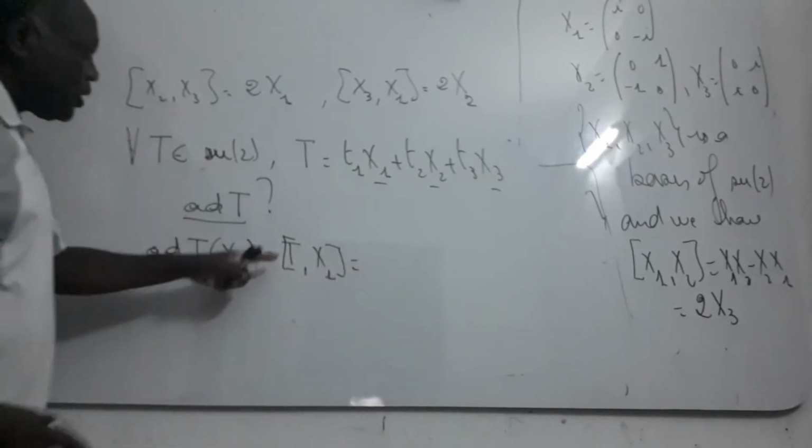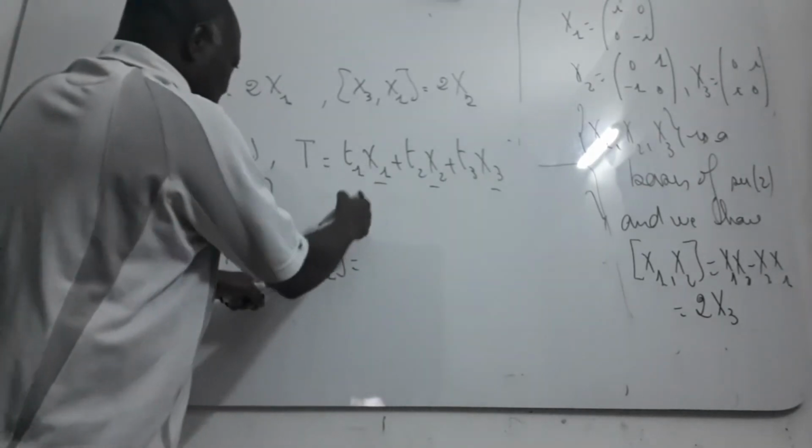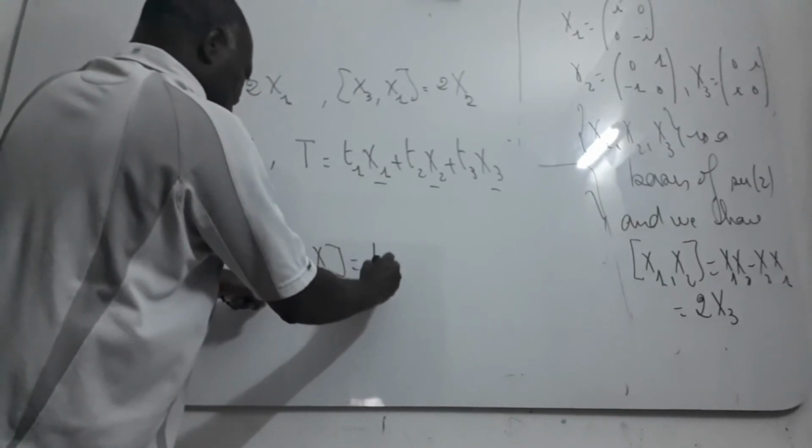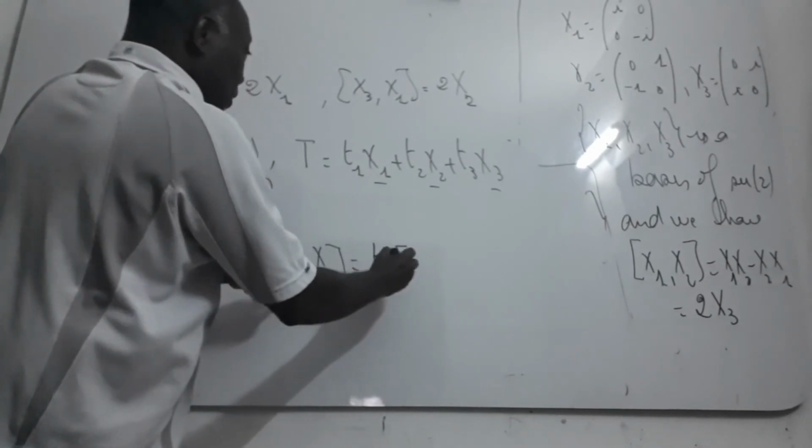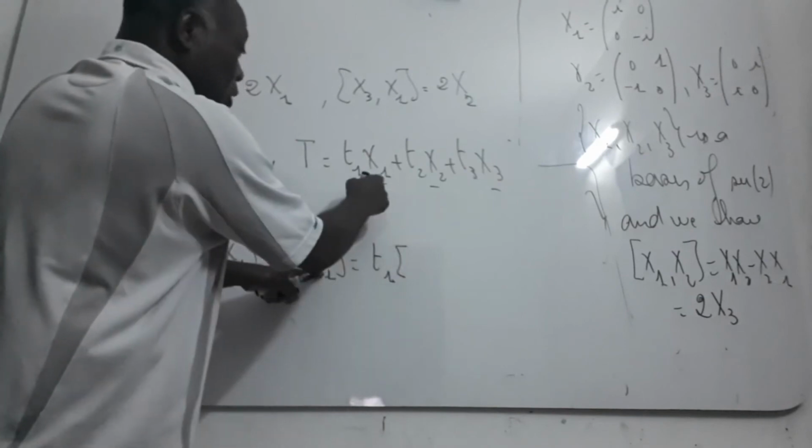So if we compute it for S1, you have first of all T1 times the bracket S1, S1, which will be equal to 0.